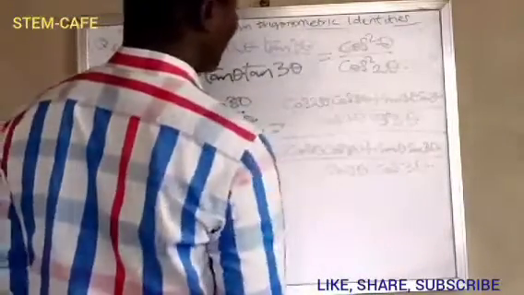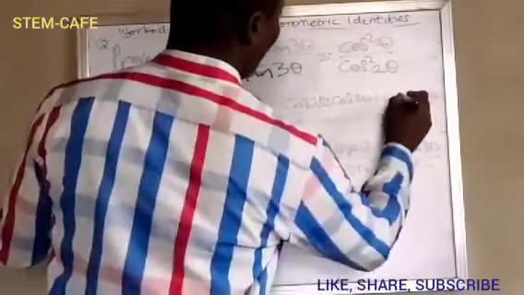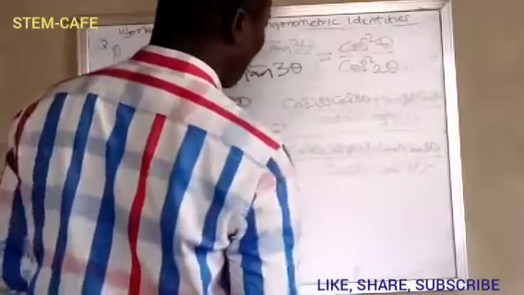Looking at this, you will see that it is the identity for the difference of the cos of two angles.